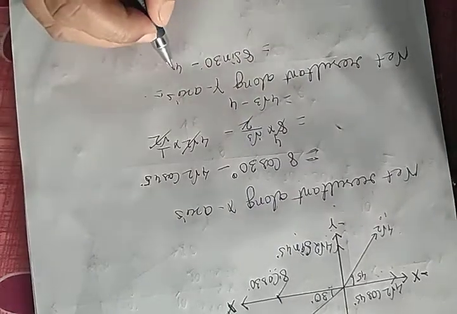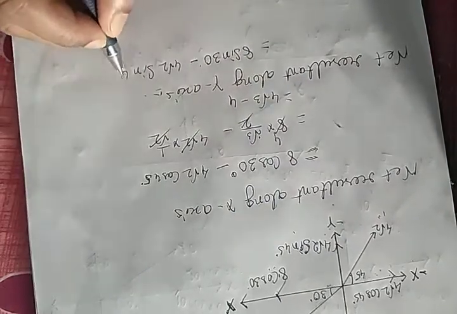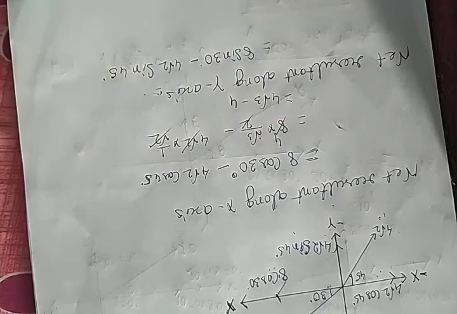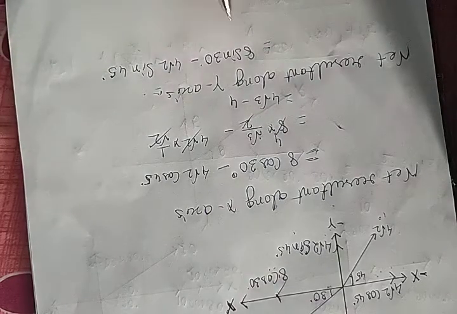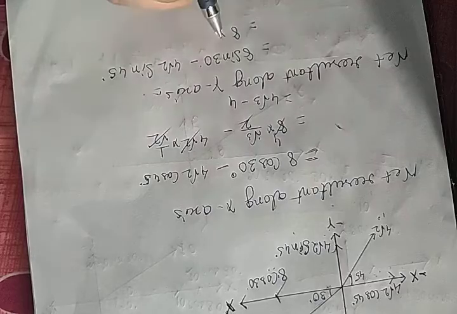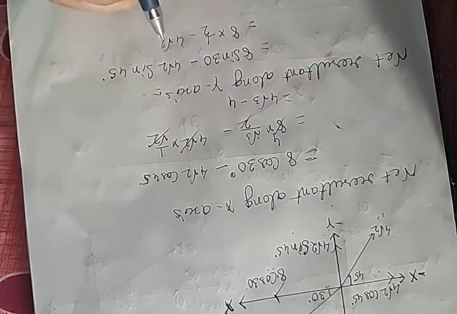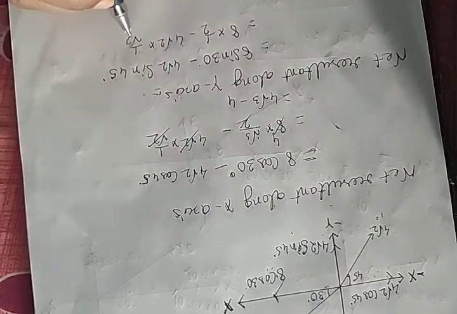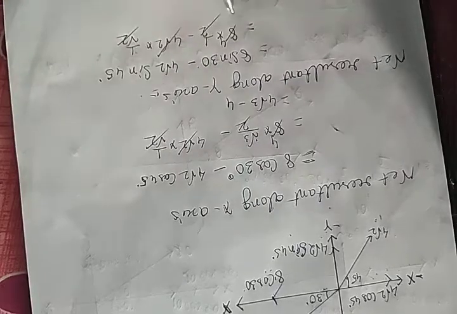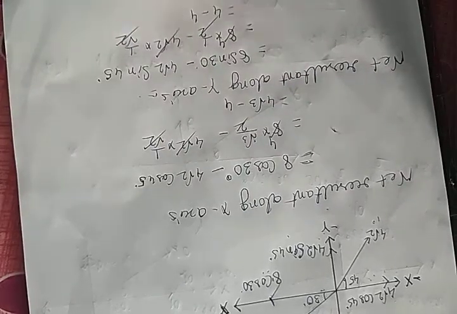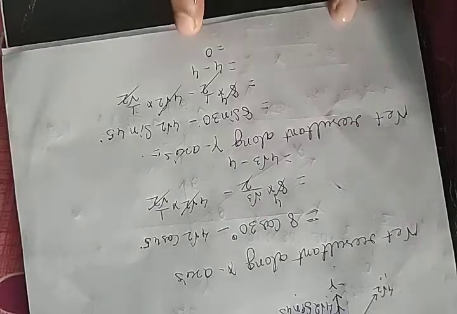The value of sin 30 is half, so 8 into half minus 4 root 2, and the value of sin 45 degrees is 1 by root 2. So 4 minus 4, that means 0. So the net resultant along the y-axis is 0.